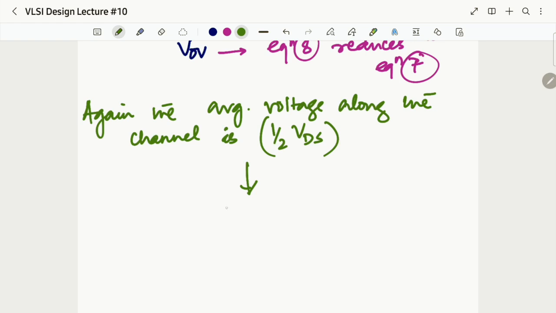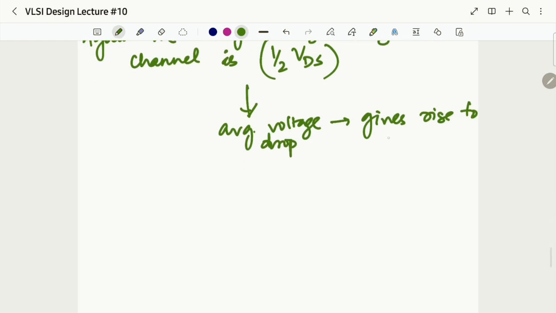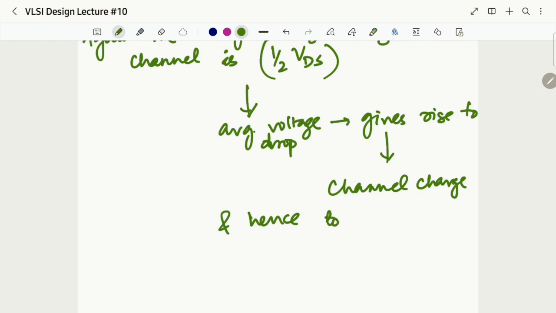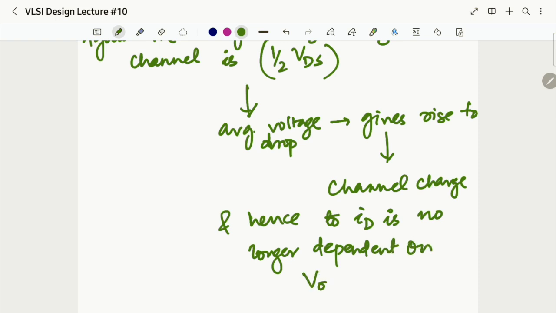This average voltage gives rise to channel charge and hence to ID is no longer dependent on VOV, but it is dependent on VOV minus half of VDS.